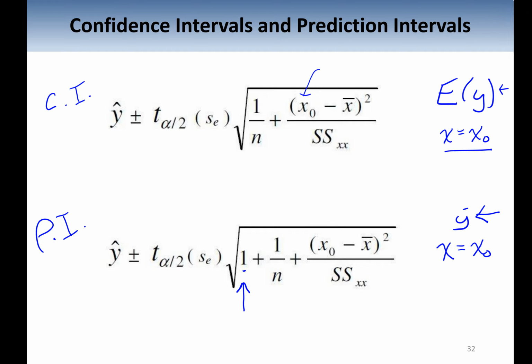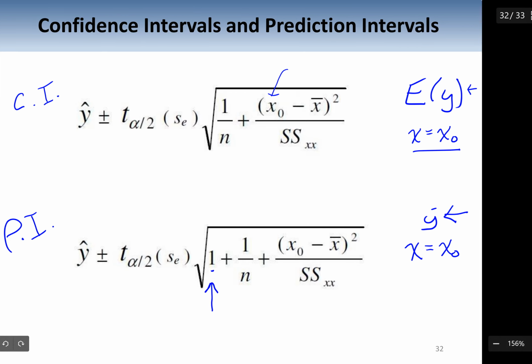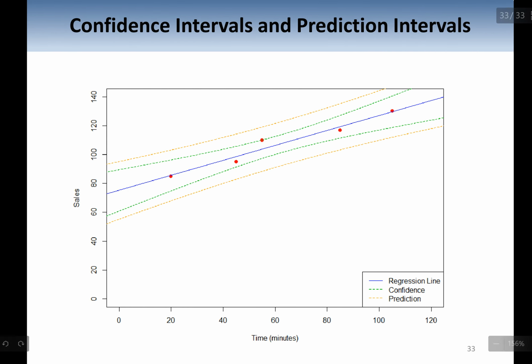To look at that, I'm using our online sales example again with our 5 customers. Along the vertical, we have our sales. Along the horizontal, we have our independent variable, time in minutes using the online chat feature. The blue line was our y hat.